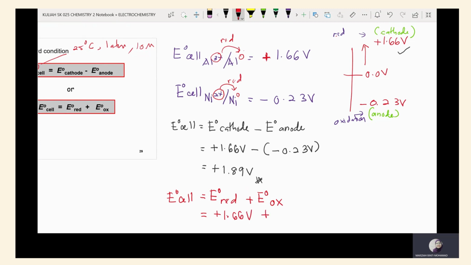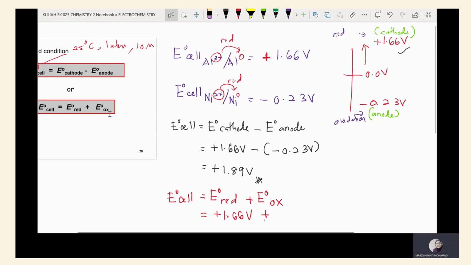1.66 volt plus. Because this value represents when nickel undergoes reduction. When it undergoes oxidation, you have to switch the value. Meaning that negative 0.23 is for when it becomes a cathode, but when it becomes an anode, the value becomes positive 0.23, which means you have to switch the value.